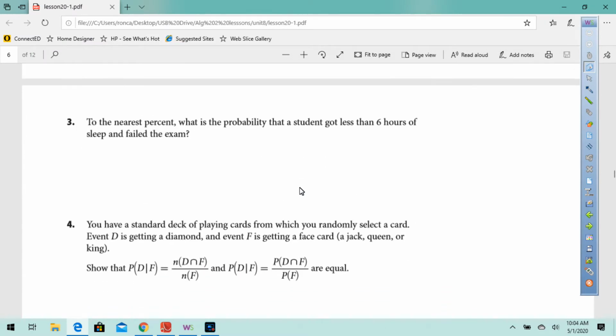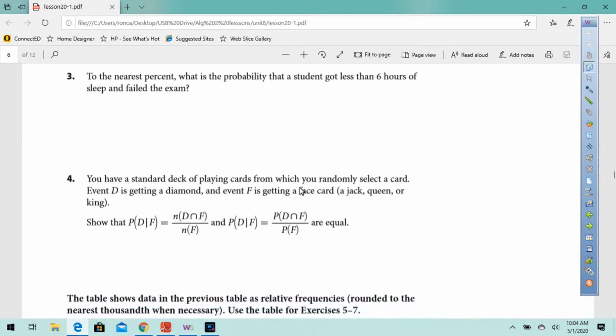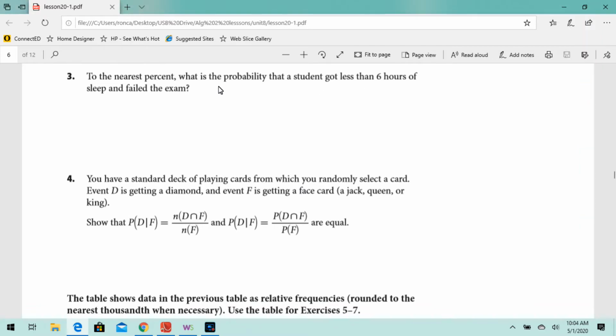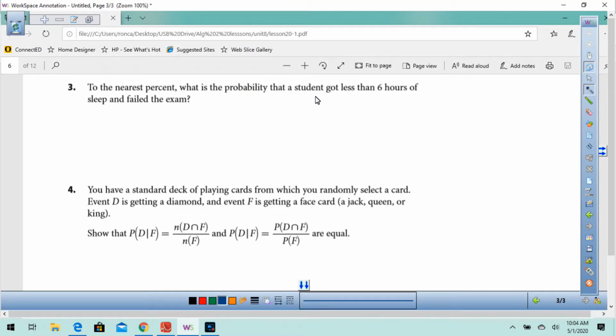Number 3. To the nearest percent, what is the probability that a student got less than 6 hours of sleep and failed the exam? So now we're talking about the probability of less than 6 hours of sleep and failed the exam. So that's the intersection of those two.